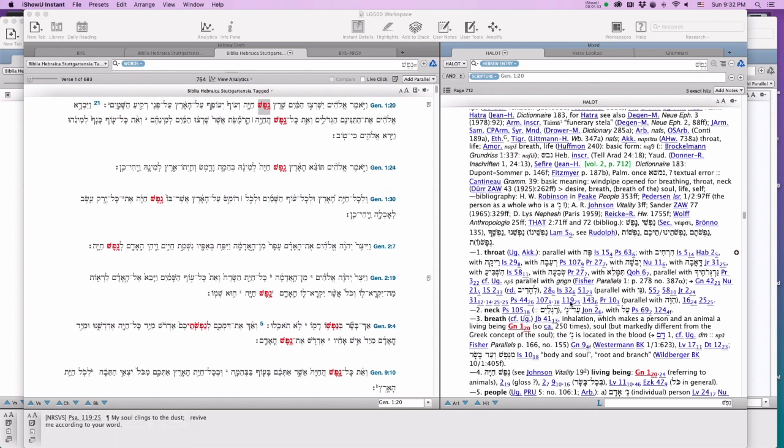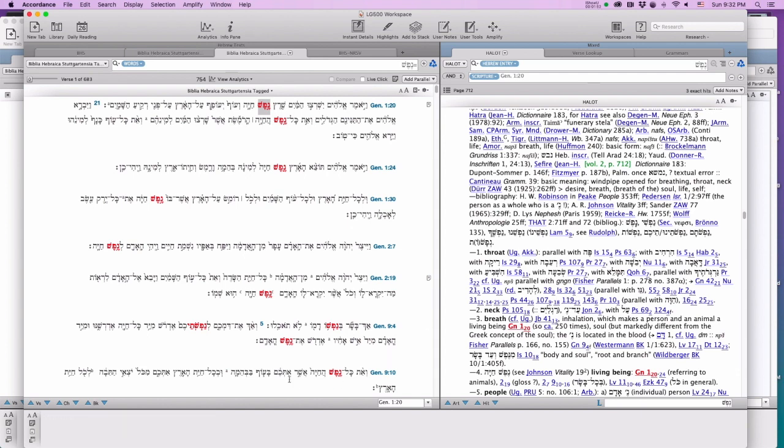And as you hover over each occurrence, you can see down in the bottom left, or wherever you have your instant details showing up, it gives you the English translation so you can see how it is used.